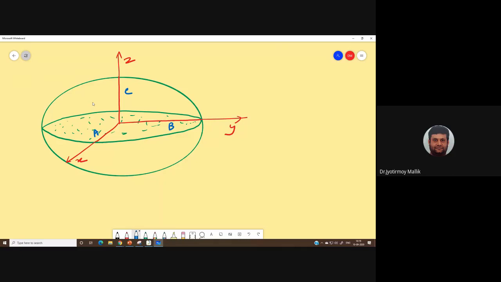And how much anisotropy there is in the moment of inertia is expressed by a term called dynamical ellipticity.